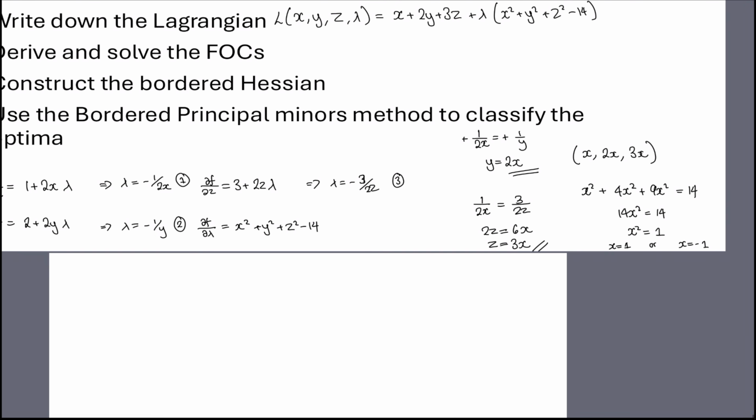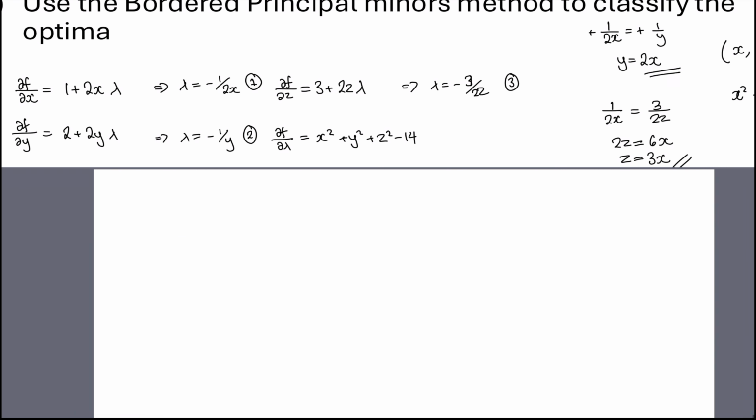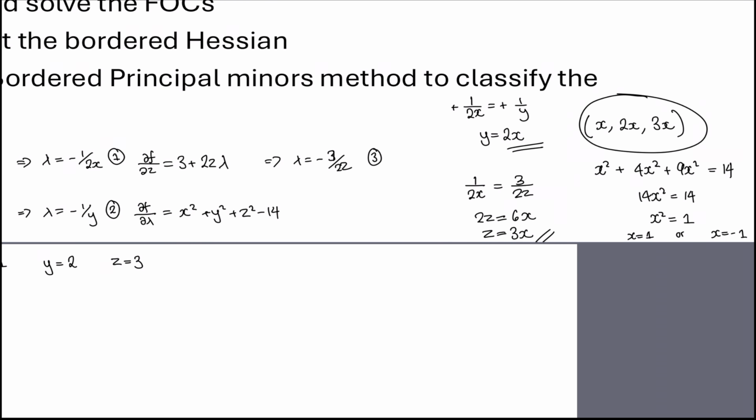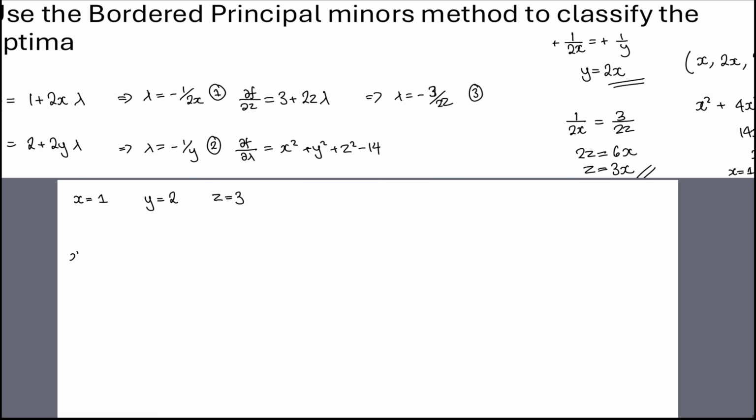So if we now use that to work out y, z, and lambda, so x is equal to 1, y is equal to 2, and then z is equal to 3. So that's just me substituting in 1 into here. If x is equal to minus 1, y is equal to minus 2, z is equal to minus 3.